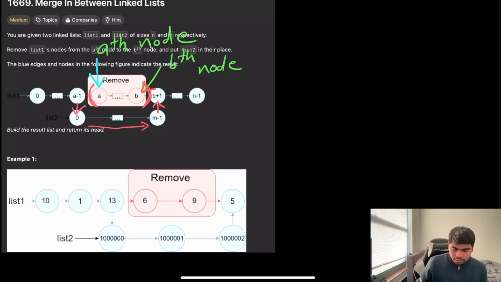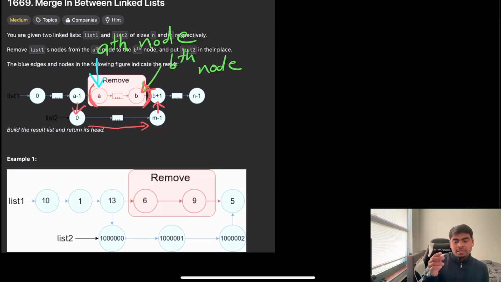First, how about we take all of these nodes and store them maybe in an array, and then we traverse to whichever node is at the ath index, which will be an integer.